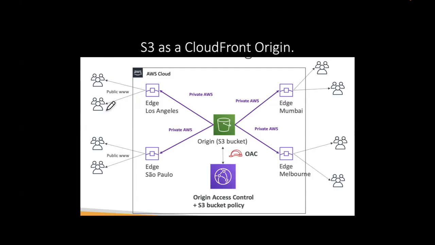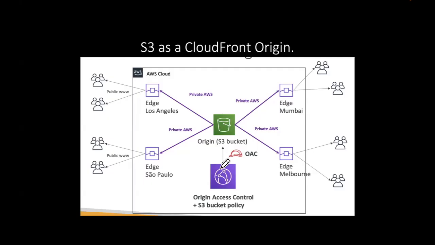Okay, and we know how to set up this whole infrastructure. We know how to create an S3 bucket. We know how to create what's called a distribution. We know how to link the distribution to our S3 bucket. We refer to the S3 bucket as the origin for our distribution.